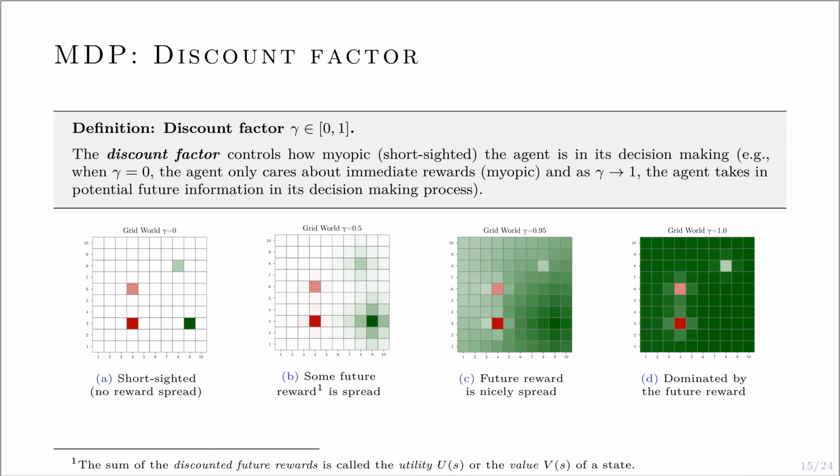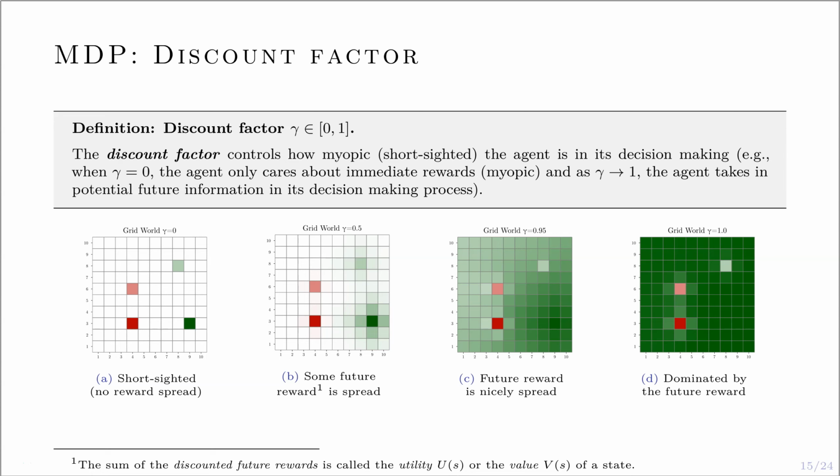So the reward isn't spread to other states, and I'll get to what I mean by reward spread here. It's myopic, really short-sighted. But as gamma approaches 1, as the value gets larger, the agent takes in more potential future information in its decision-making process.